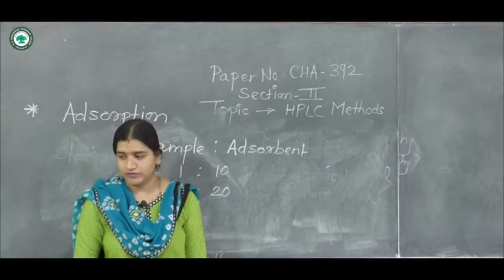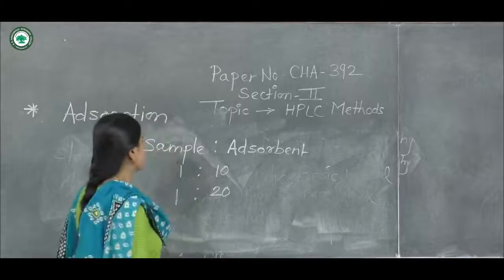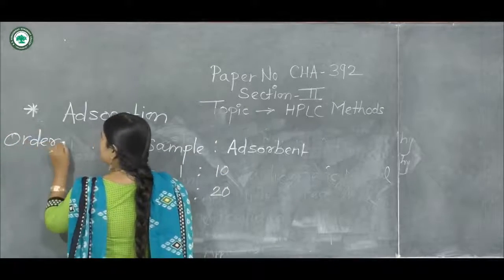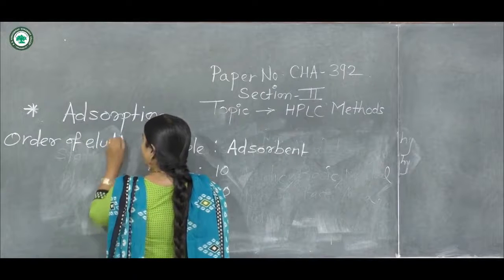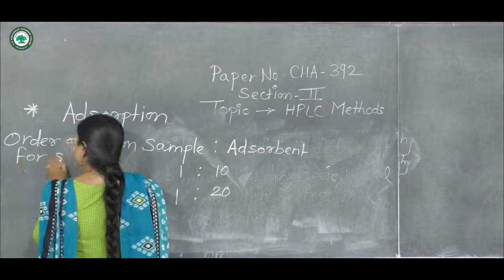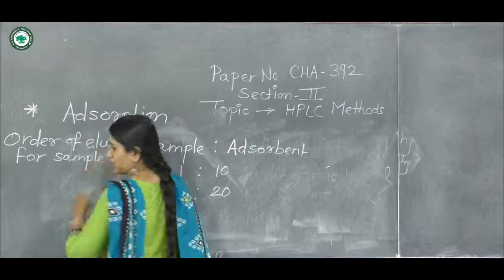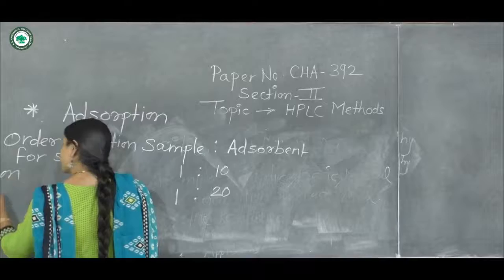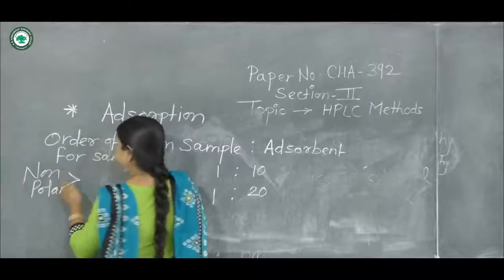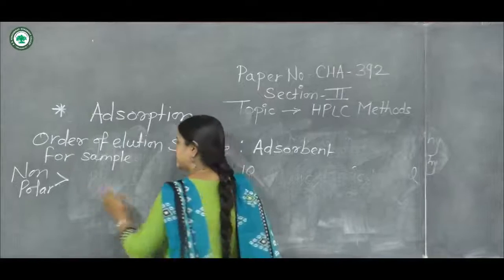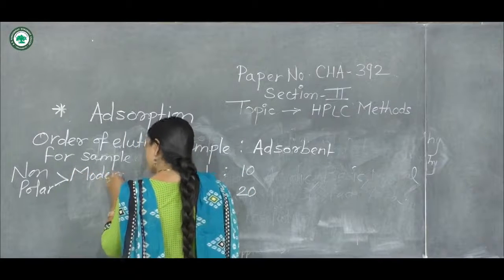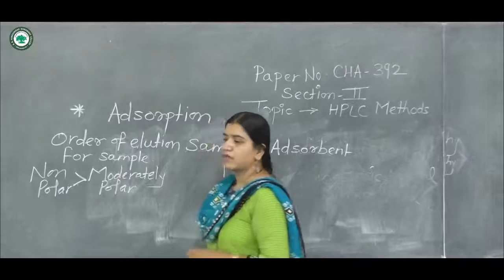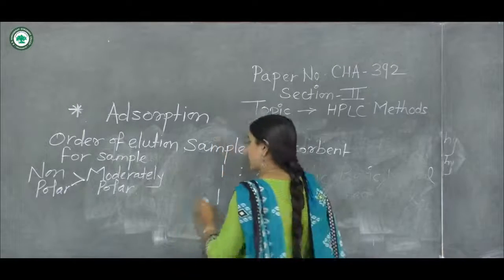Now, what will be the order of elution of the sample whenever you are going for adsorption chromatography? The order of elution for the sample is: non-polar, greater than moderately polar, greater than highly polar or most polar molecule.